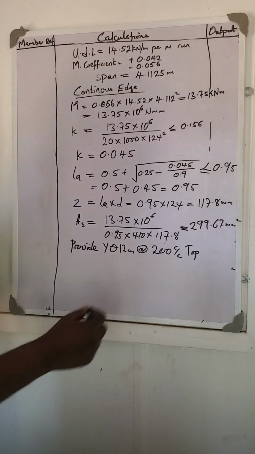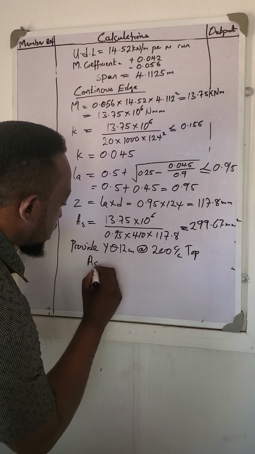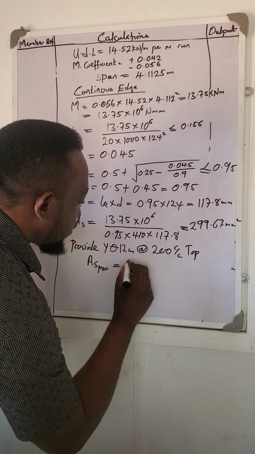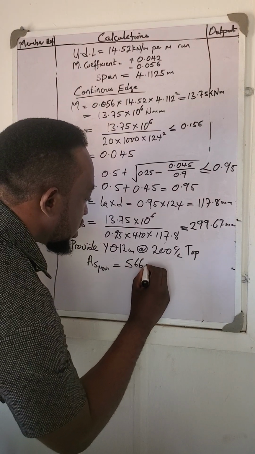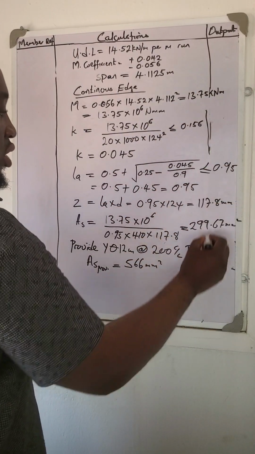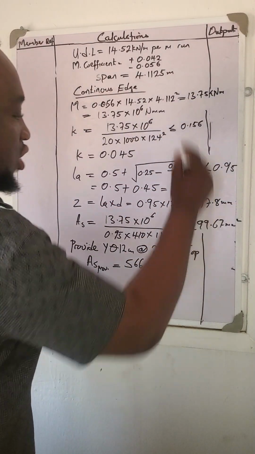So you now write your AS. AS provided is equal to 566 millimeters square. Assuming this is your calculation sheet, this is your output now.